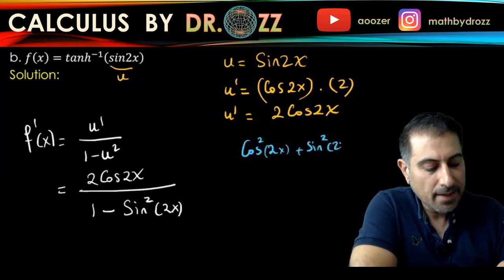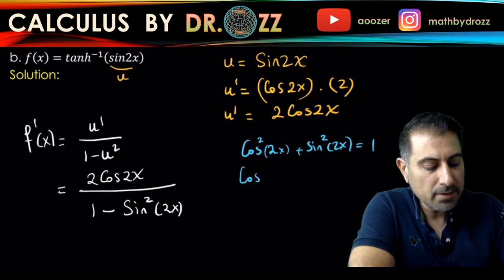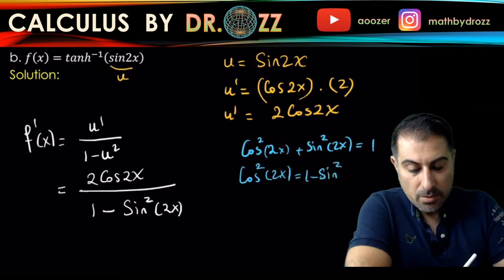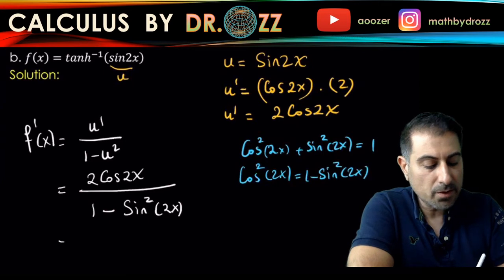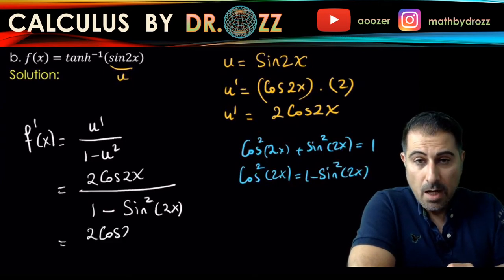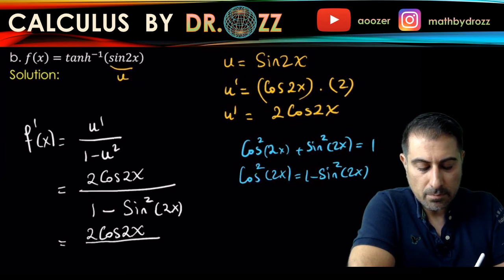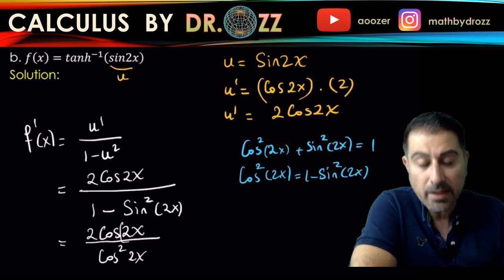This implies that cosine squared 2x is 1 minus sine squared 2x, right? So I can go further and write this in terms of cosine squared 2x. You can also put parentheses here if you're feeling safer that way.